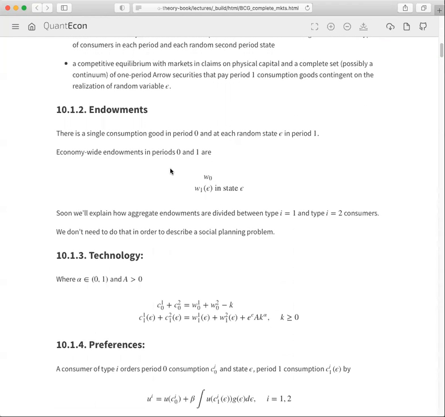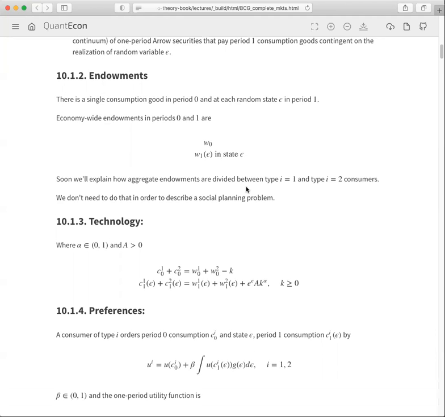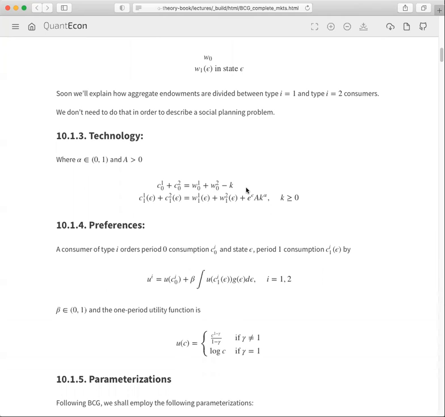So here's the deal. Getting on the way to studying the planning problems, the aggregate economy-wide endowments are going to be W0 in the first period and W1 of epsilon in state epsilon in the second period. Period 0 and 1 we call them. Here's going to be a technology. If I put a superscript, it's a type of agent.